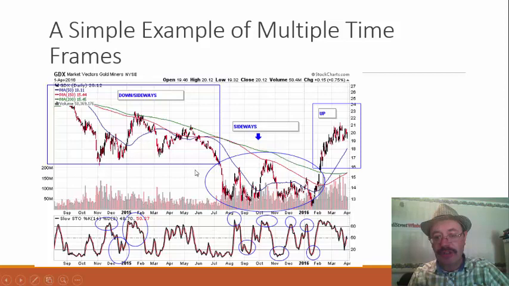So if you look at this circled area, you can see how if you would have done that, and we're using GDX in this example, you could have made some nice little swings. You wouldn't have gotten out necessarily on exact tops and bottoms, but it's some swing trading going on. However, once you go into a bull market, the sell signals this generates don't really do you any good.